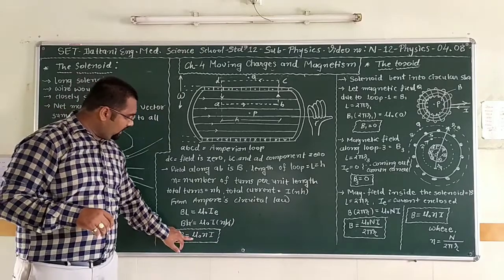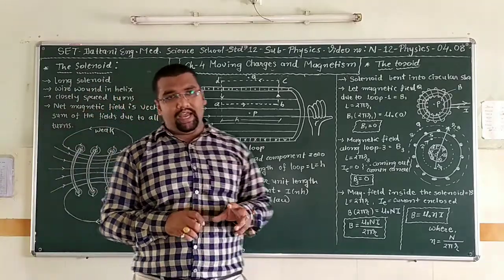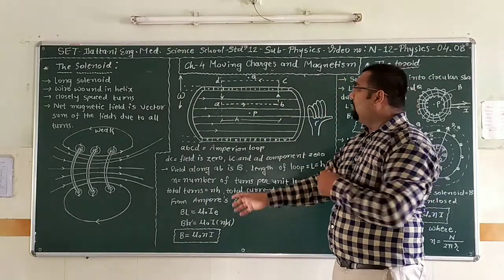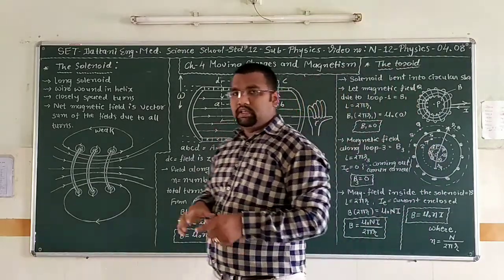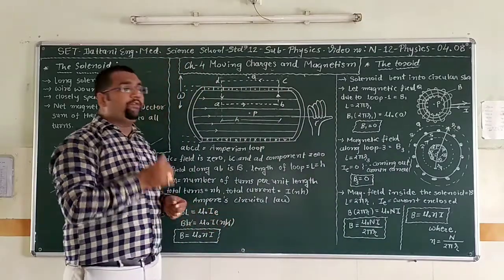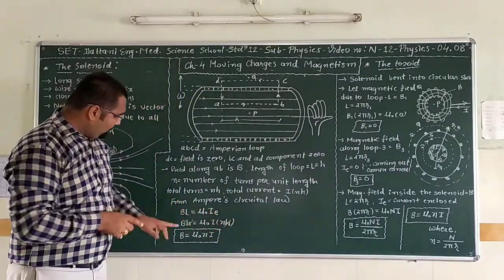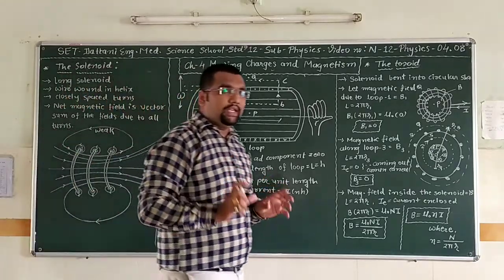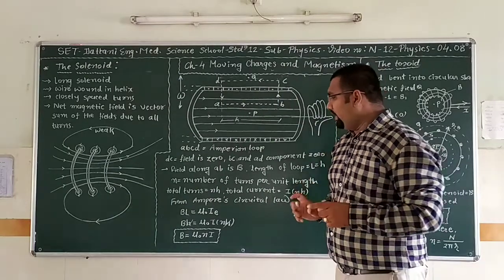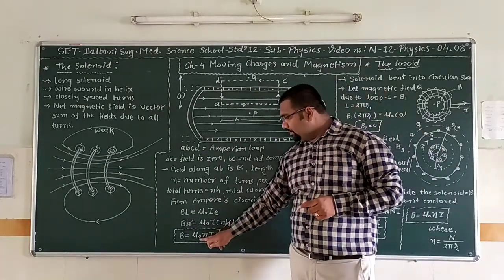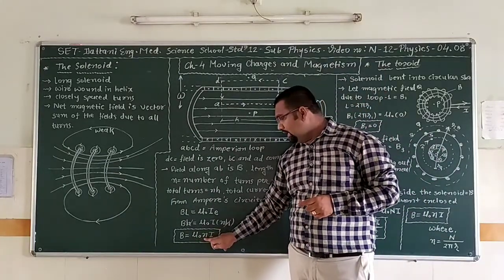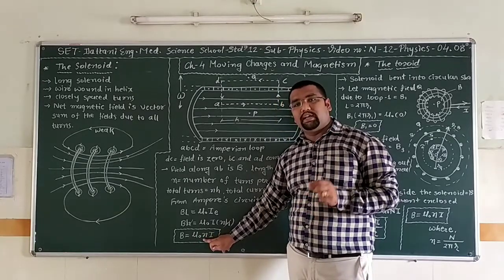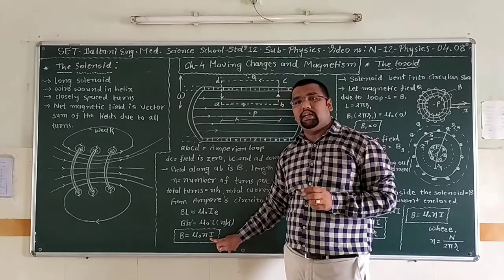Now we get B equal to mu 0 into n I, which is the formula for the magnetic field of a solenoid. This is the formula for the magnetic field of a solenoid, B equal to mu 0 n I. Here mu 0 is the permeability, n is the number of turns per unit length, and I is our current.